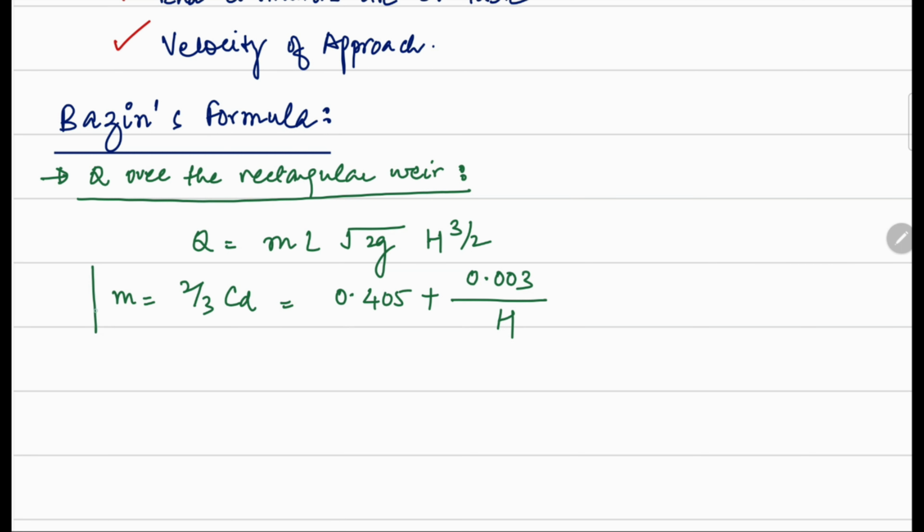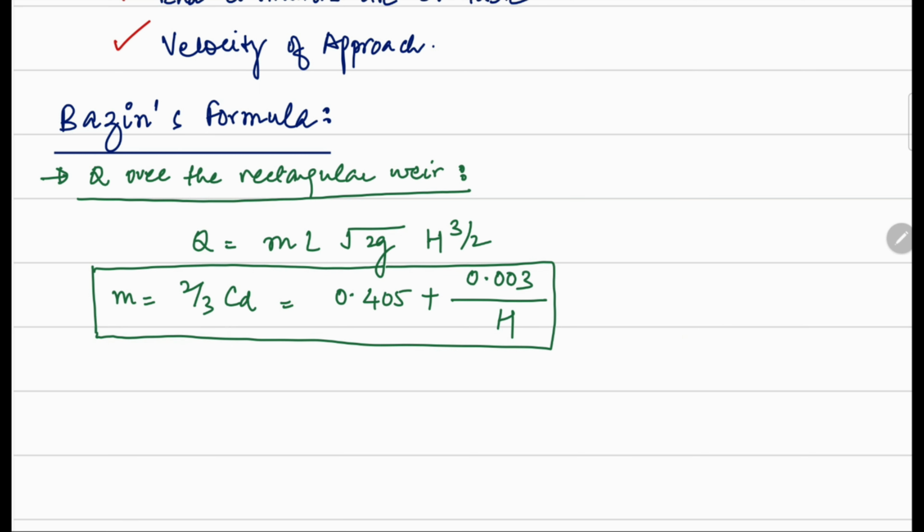So this is the constant that we will be using in the previous equation. Now, h is the height of the water over the weir, and we must know that this is the height of water over the weir.